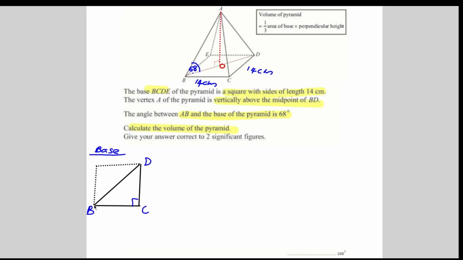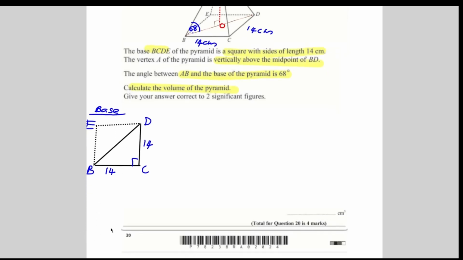This is the square of the base. I'm considering this triangle of this one. This is the diagonal. We know that this side is 14, this side is 14. Then we can apply Pythagoras theorem. Then I can write that BD squared equals BC squared plus DC squared.